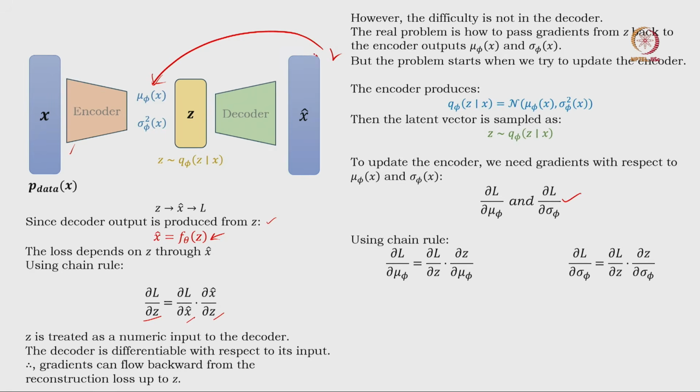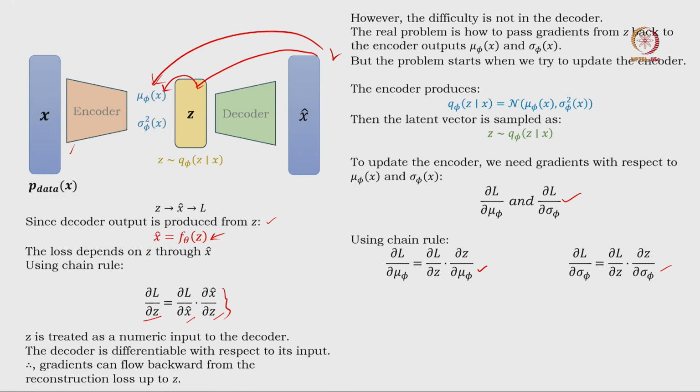From loss, can I reach to Z, and from Z can we reach to this? Now how will we reach till Z? It is already written here. Using the chain rule, we can reach till Z, and from Z we can reach to mean. So this is how you reach to mean and this is how we reach to the standard deviation. I hope up till this particular point it is clear.